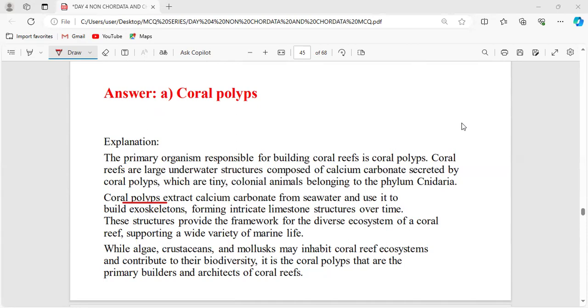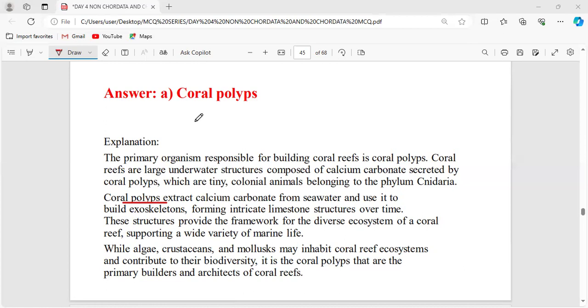Is the medusa formed as a result of asexual or sexual reproduction? We know the polyp does asexual reproduction, and the medusa performs sexual reproduction. Very good. Even though the medusa reproduces by a sexual method, the formation of the medusa is a result of the asexual reproduction mechanism done by the polyp.